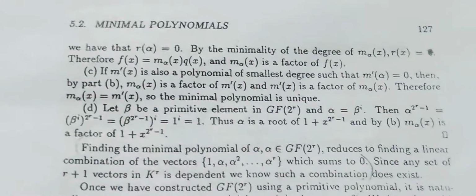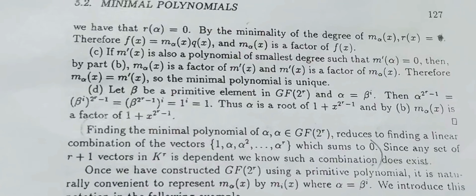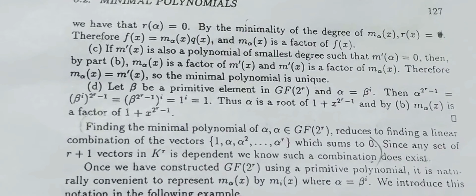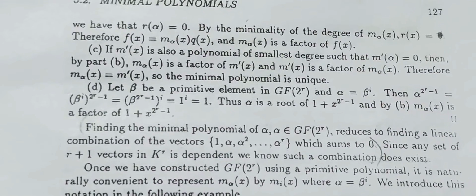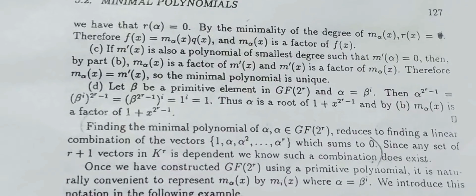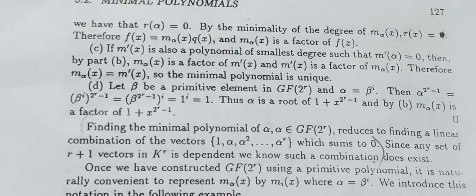m alpha of x is unique. So suppose we take m dash of x as another polynomial of smallest degree such that m dash of alpha is equal to 0. So by part b, what is part b? f of x is any polynomial, and m alpha of x is a factor of f of x.